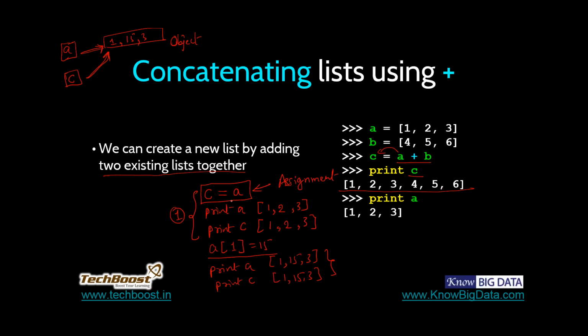In fact, we are not copying it. So this particular issue is called the copy issue. We're not able to copy using a simple assignment. Then what should we do?